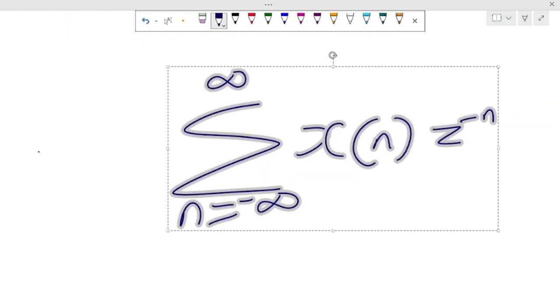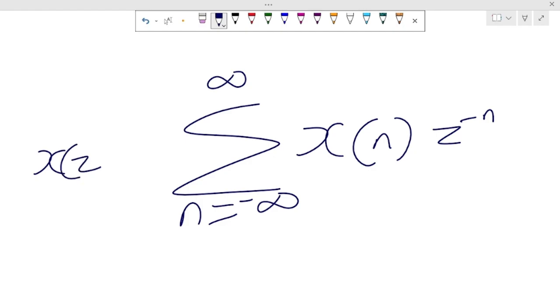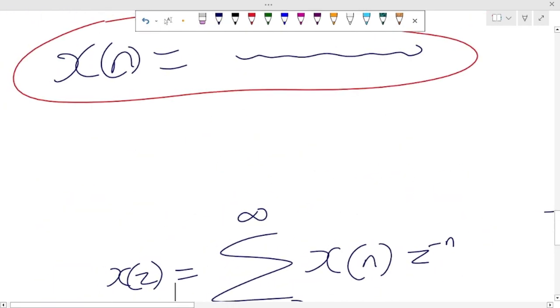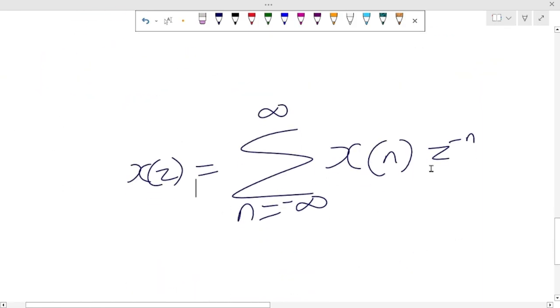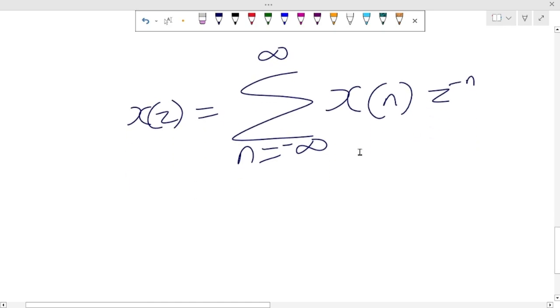So all you have to do is say X of z equals all this. Whatever x of n is, you just plug that value inside the Z transform formula and say the Z transform of x of n, which is now X of z, equals all this. Let's try an example and see how it goes.